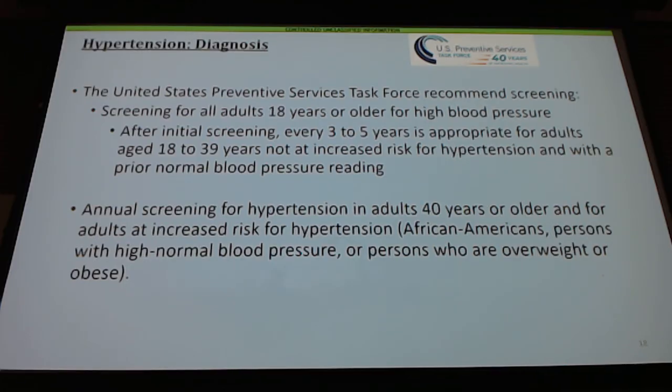Now, if they've had abnormal readings or they are higher risk, then they do recommend annual. But once you get to 40, now it's recommended to have an annual screening for blood pressure. So that is your USPSTF recommendations for blood pressure.